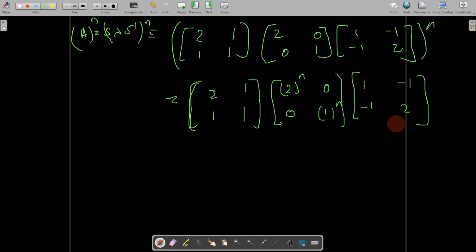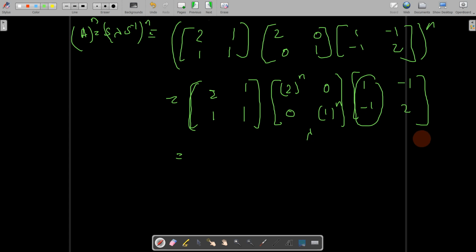Okay, so that means if we calculate this, this is representing a scalar, and it will be multiplied with the columns of this lambda matrix.